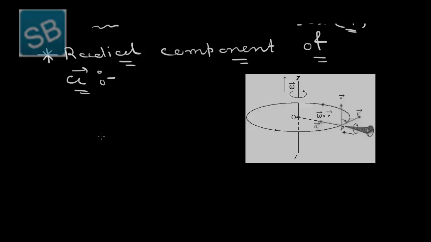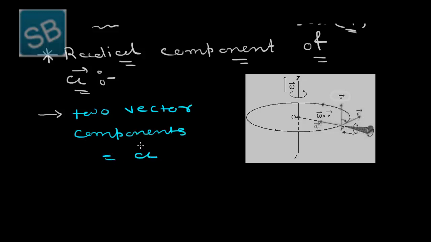So here we have considered the rotational motion of a rigid body, which contains two vector components. The first one is acceleration, and the other one is omega cross V.